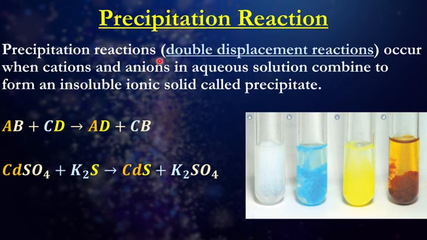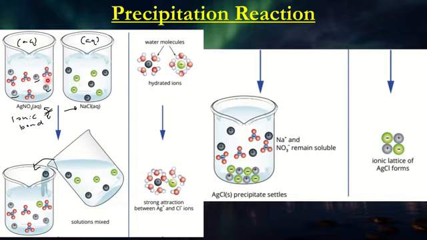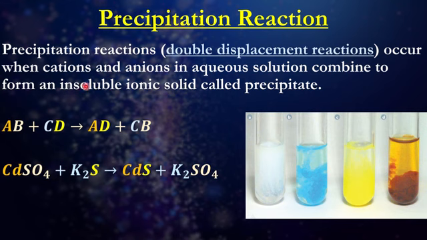Let's have a look at this again. A precipitation reaction, which we can also call a double displacement reaction, occurs when cations and anions in an aqueous solution, being the starting point here, combine to form an insoluble ionic solid called a precipitate. We can illustrate that with this little equation here.